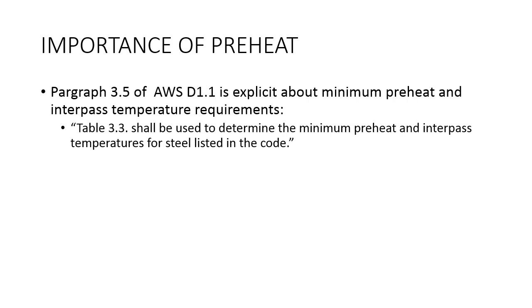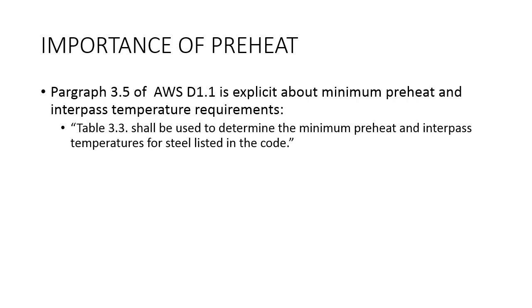Importance of preheat. Paragraph 3.5 of AWS D1.1 is explicit about minimum preheat and interpass temperature requirements. Table 3.3 shall be used to determine the minimum preheat and interpass temperatures for steels listed in the code. So you have to follow these.